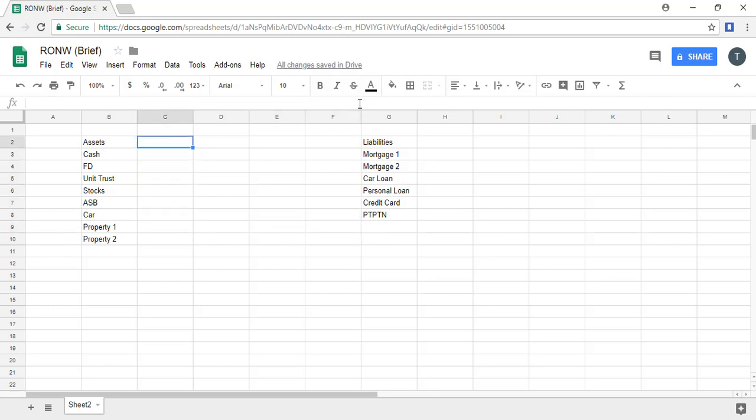Now step number 2 is to fill in the value in ringgit for each and every single asset that you own, and of course every single liability that you owe. Before I do that, let me just realign this to center. Okay, now let's go through them. I'm just going to put in a fictitious figure for each and every one of them.